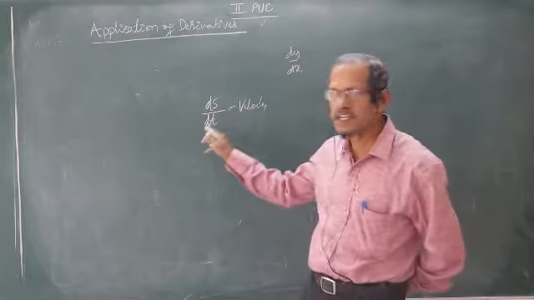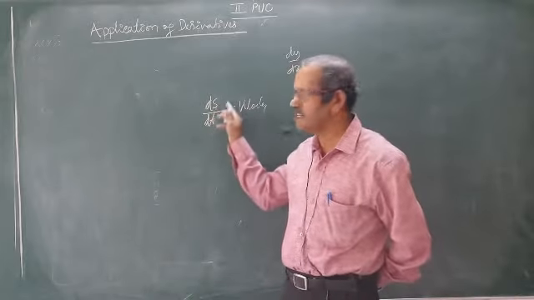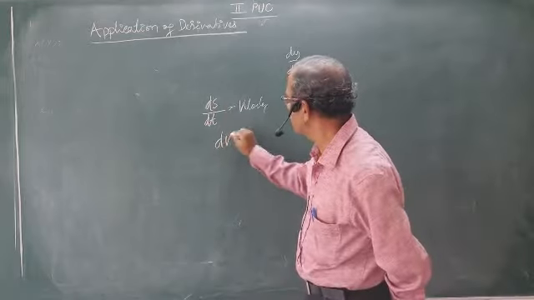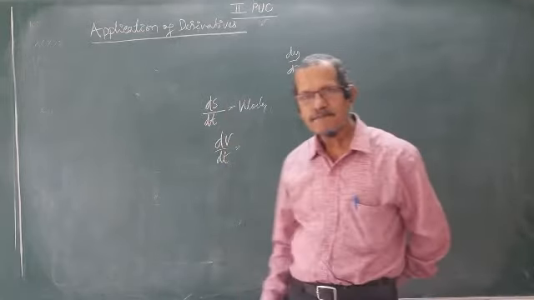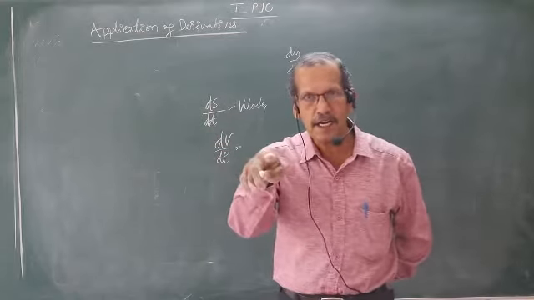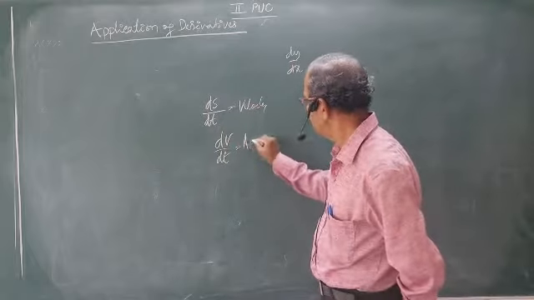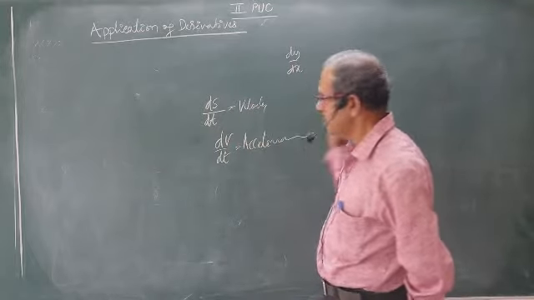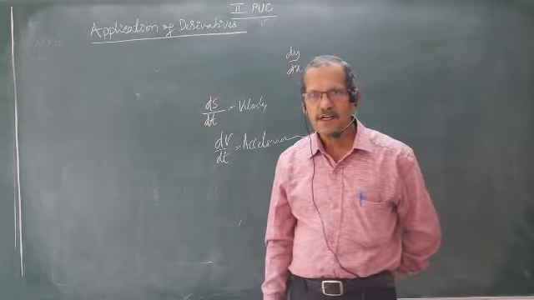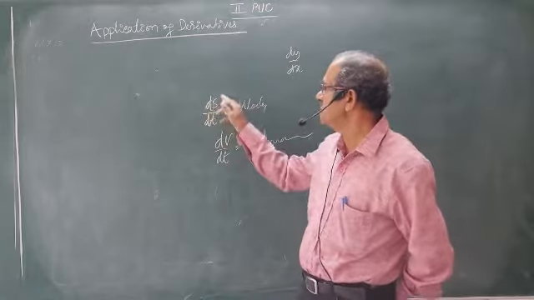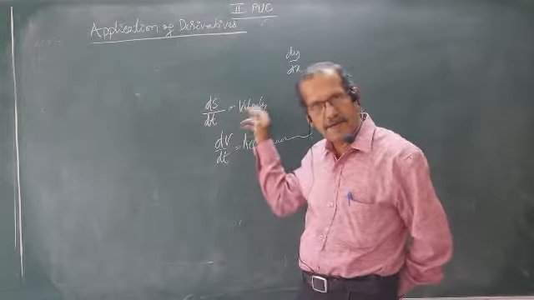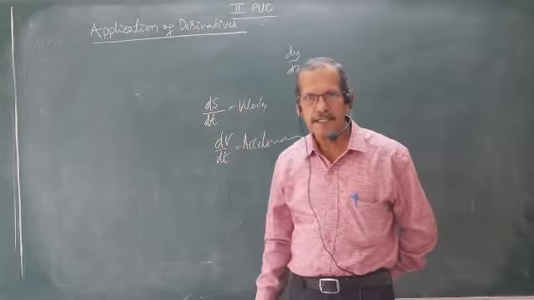Rate of change of distance with respect to time is velocity. If the velocity is a variable, then the rate of change of velocity with respect to time is called acceleration. So everywhere you are finding the derivative, that's all. Just by knowing the distance, find the derivative of that distance, you get velocity. Find the derivative of the velocity, you get acceleration.